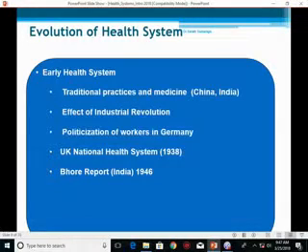And then things started changing with the Industrial Revolution. When did the Industrial Revolution happen? What do you mean by Industrial Revolution? In the world, industry started. People started gathering, creating urbanization, all that happened.